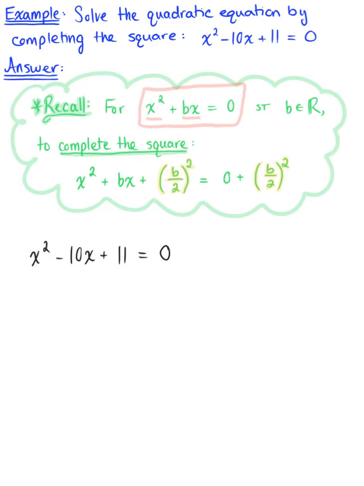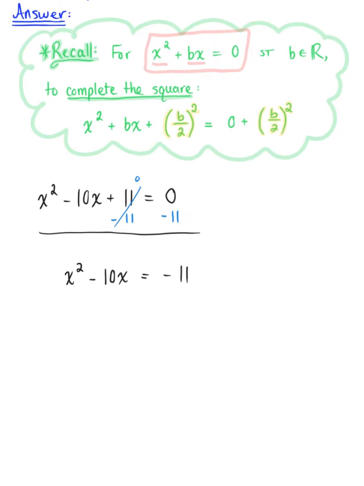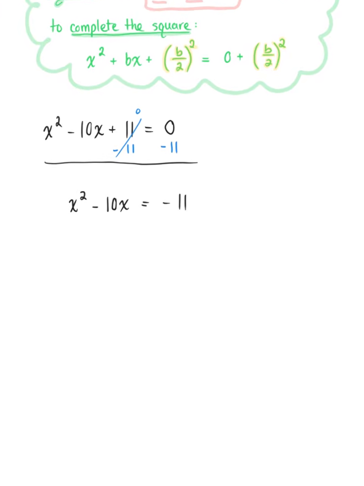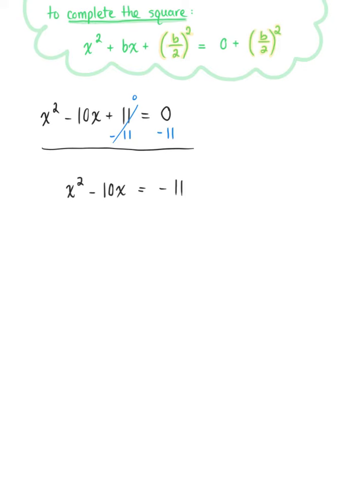So we need to subtract this 11 from both sides of the equation to get this quadratic expression in the proper form. So we can see that 11 minus 11 cancels itself out to 0, and we are now left with x squared minus 10x is equal to negative 11. Beautiful! So now that we have our quadratic expression in the proper format, we're ready to complete the square.